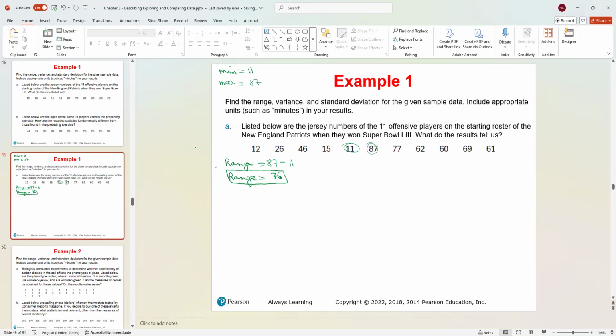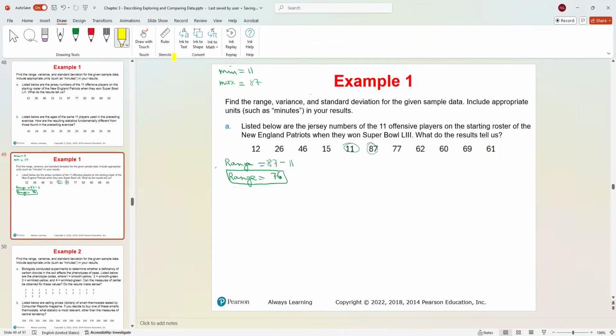Now the variance, remember you need to look for the keywords. Are we dealing with a population or a sample? Looking at it here, they said find the range, variance and standard deviation for the given sample.